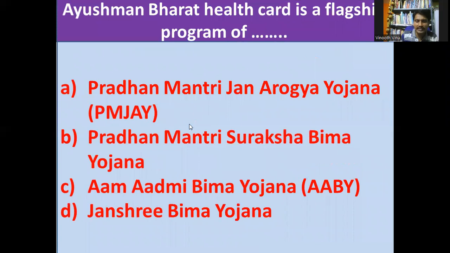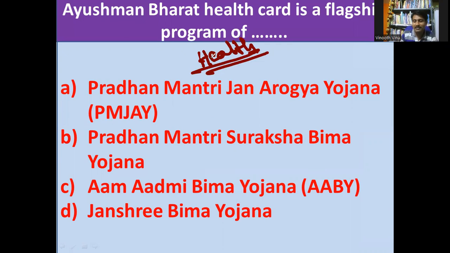Coming to the next question: Ayushman Bharat Health Card is a flagship program of which scheme? People of India received health cards in each home of APL or BPL card holders.